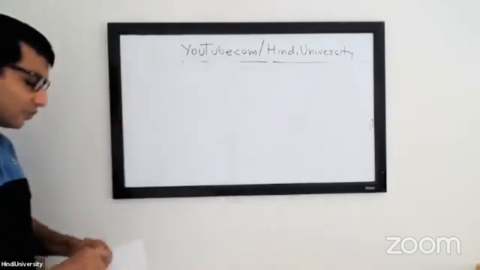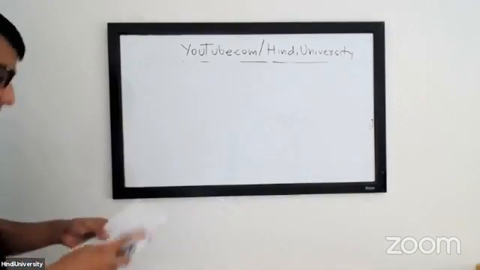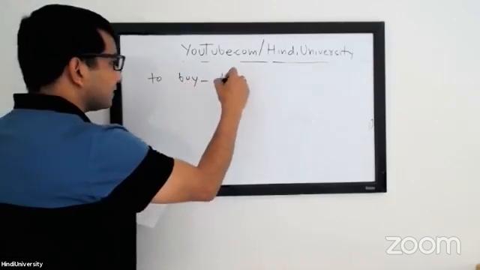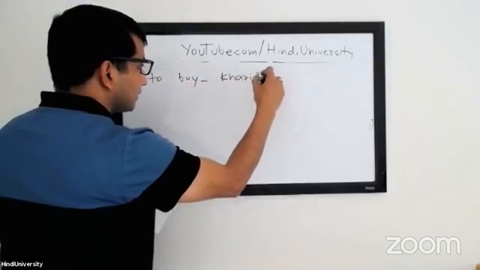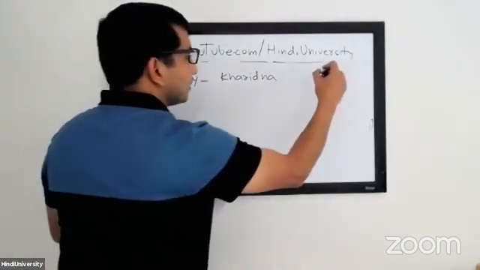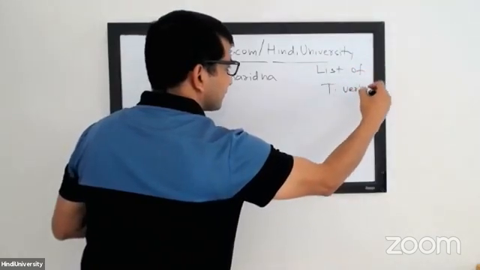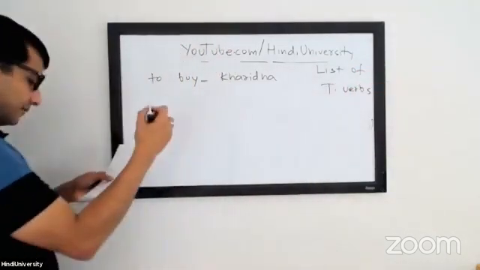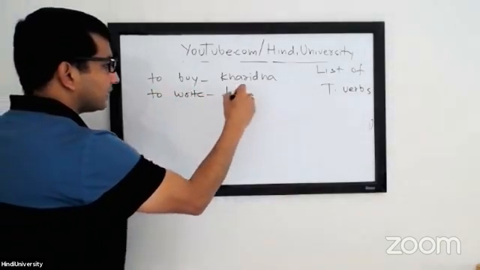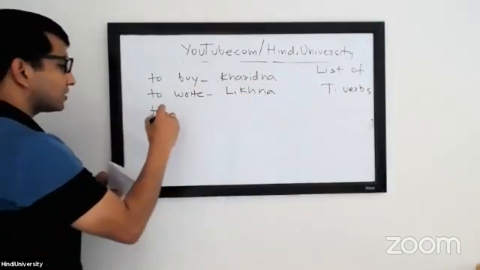So I'm going to write it down, and I want you to follow me along. First one, to buy is kharidna. These are the list of transitive verbs. Kharidna. And to write, I think I already covered it. Likhna.